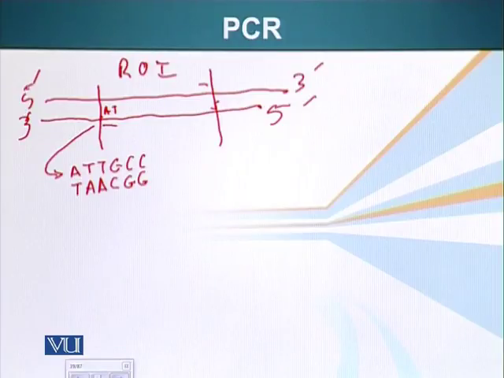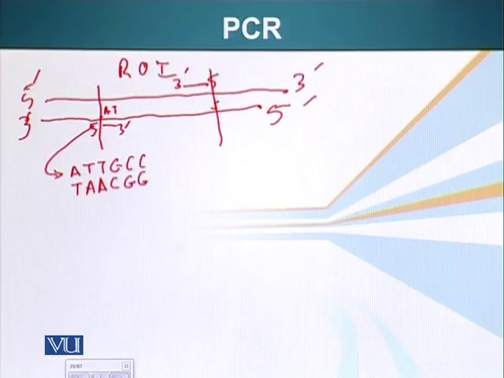We'll also make another primer, which has a complementary sequence to this part. So the polarities, let's also put down the polarities. The polarity would be 5' and 3'. Here it will be 5' and 3'. So the first step in PCR reaction is denaturing, same as replicating DNA in the cell.